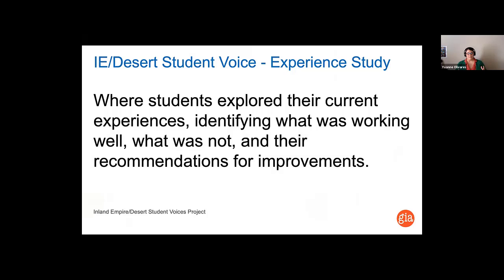Student voice was an experience study. And Gabriel helped break down how that is different, traditional versus what we did. But the best way I can explain this is that an experience study, in this case, is about understanding not just the student's problem on one topic, but really understanding the entire ecosystem.